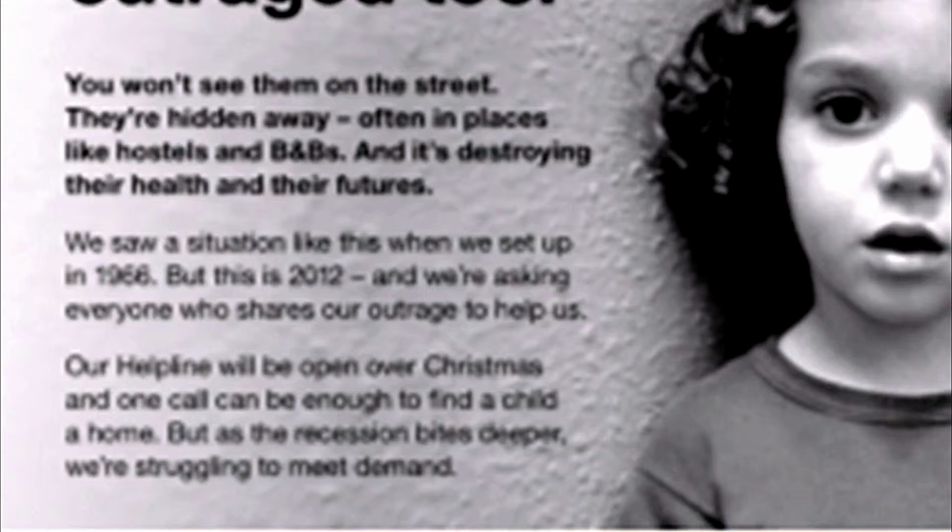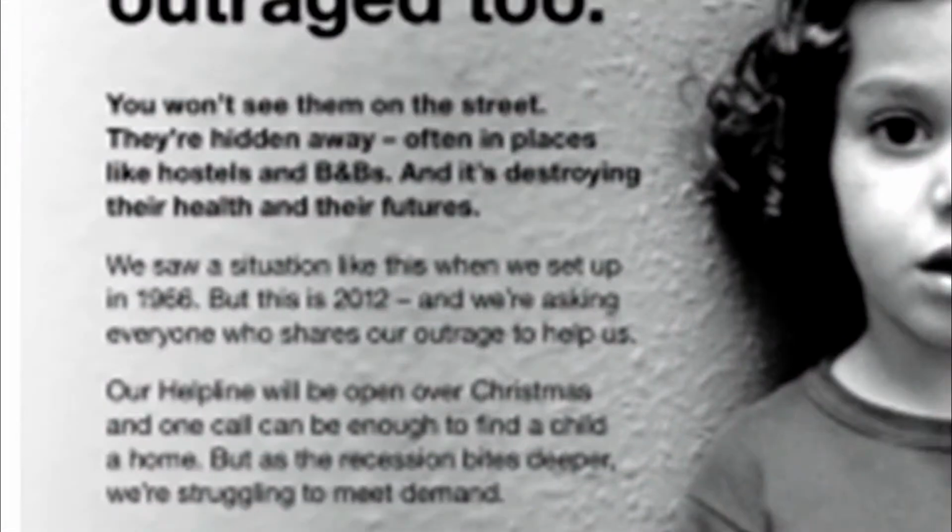I want you to read the rest of this leaflet. Have you read it? Okay, I will continue to read. "You won't see them on the street. They're hidden away, often in places like hostels and B&Bs, and it's destroying their health and their futures."